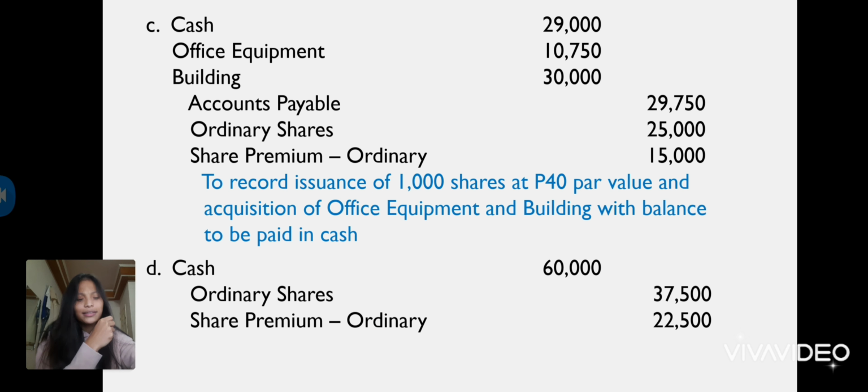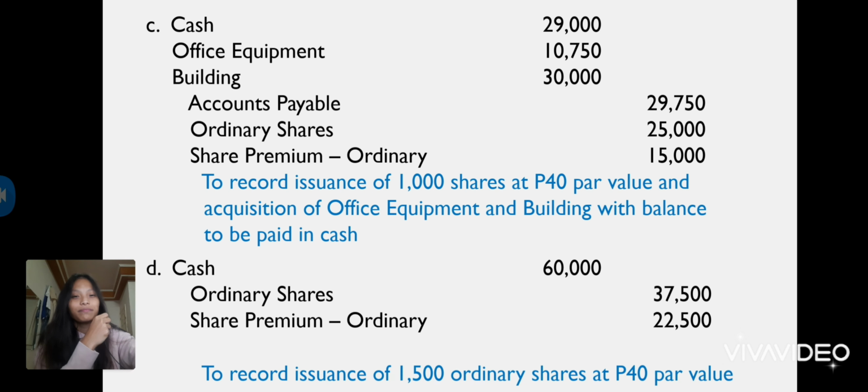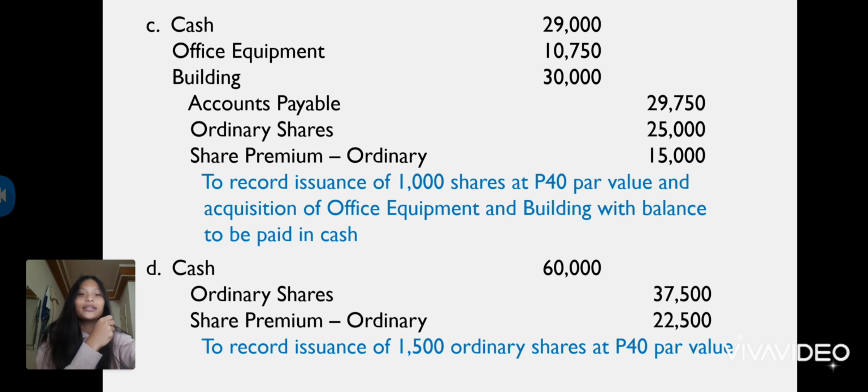So since the acquisition of the office equipment and building weren't fully paid by exchanging ordinary shares, then it will be an accounts payable that should be paid in cash. So next, letter D, the record issuance of 1,500 ordinary shares at 40 par value. So just like what I did from the first transaction.